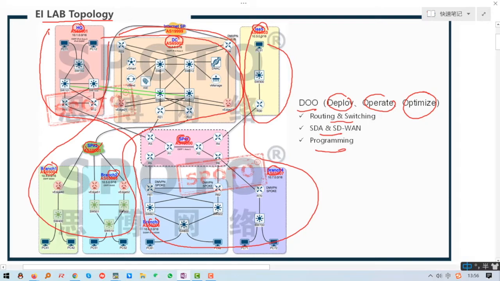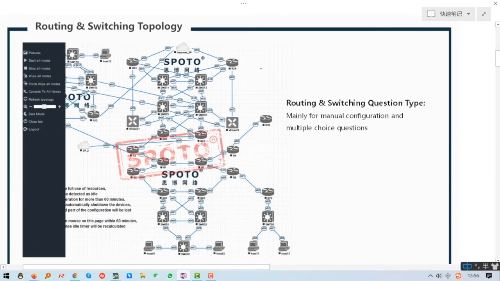So, this is the complete routing and switching topology, which requires us to accurately ensure that the phenomenon of each requirement can occur normally. If there is a problem with the routing and switching part, it will directly affect the SDN module.